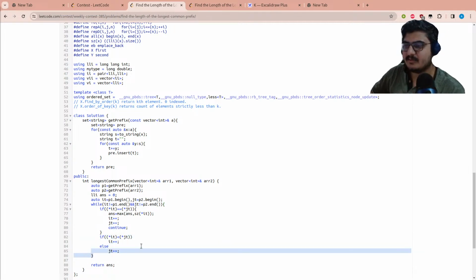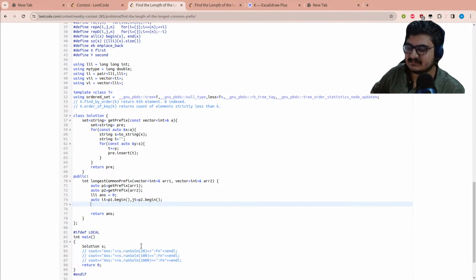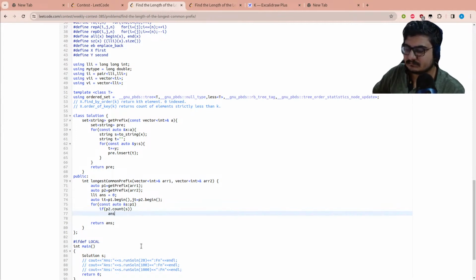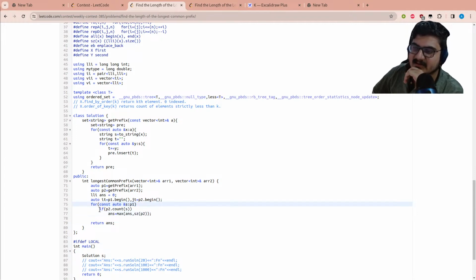I think a better way would be to just iterate on one of the sets and check if the second string exists. The reason I did not try it was that the time complexity here would be the length of this string and an additional log factor for this count.